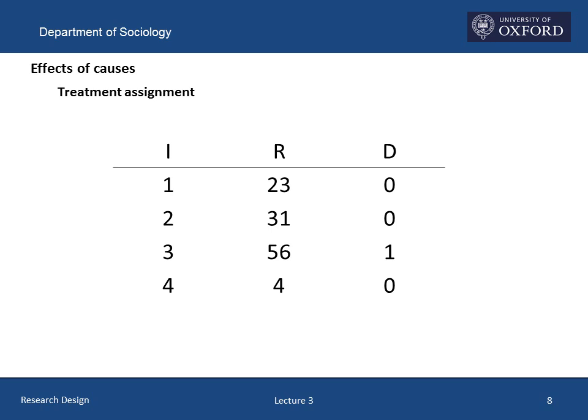Here is how this works out for 4 hypothetical cases. Case 1 draws 23 and is assigned to the control group. Case 2 draws 31 and is also assigned to the control group. Case 3 draws 56 and is assigned to the treatment group, and so on.